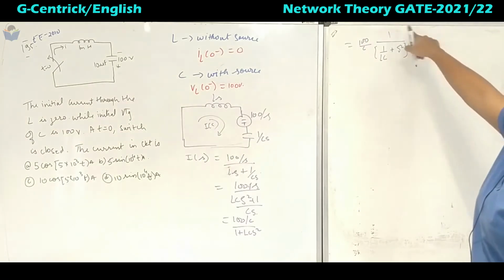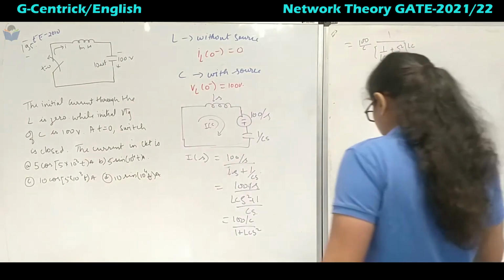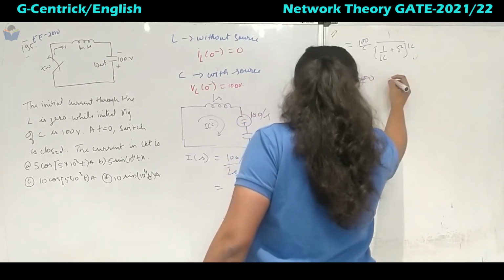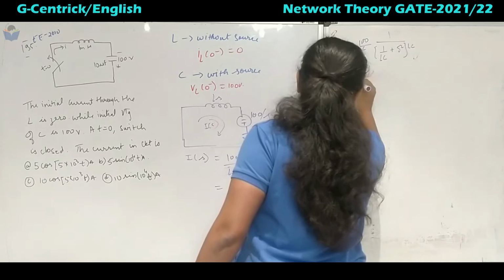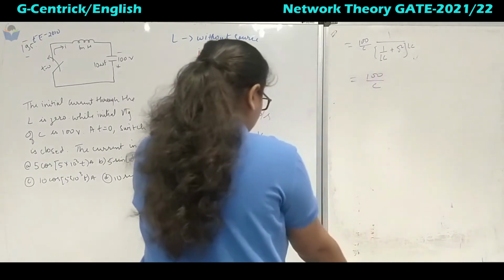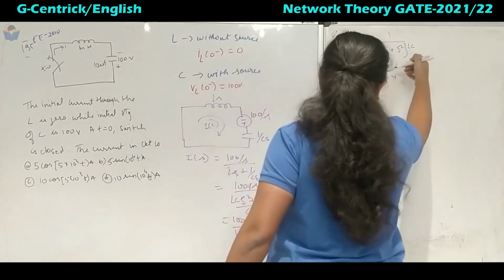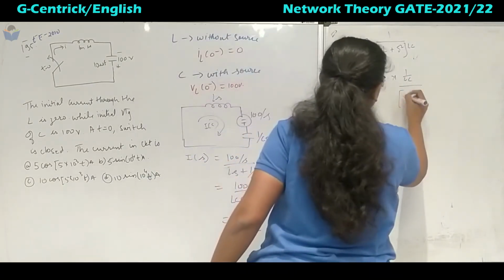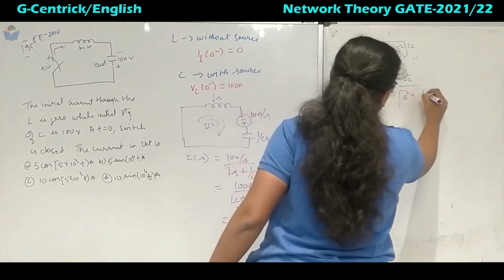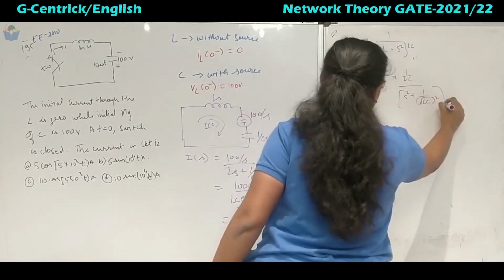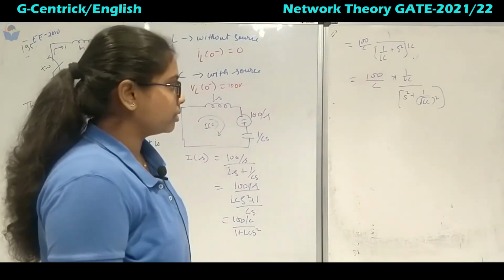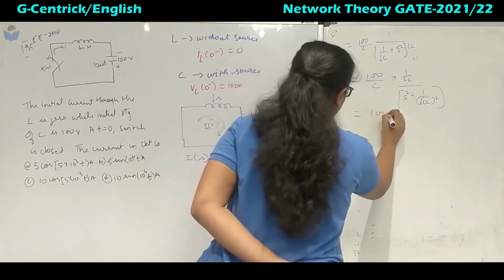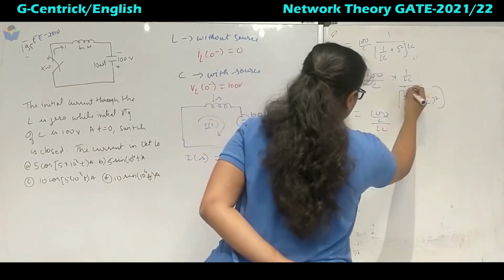When this goes into the numerator, how much do we get? 100 divided by C, into 1 over LC, divided by this as it is. I can write this LC as root LC whole square, which again gives the same value. Now if I take the LC down, it is 100 over C divided by LC.